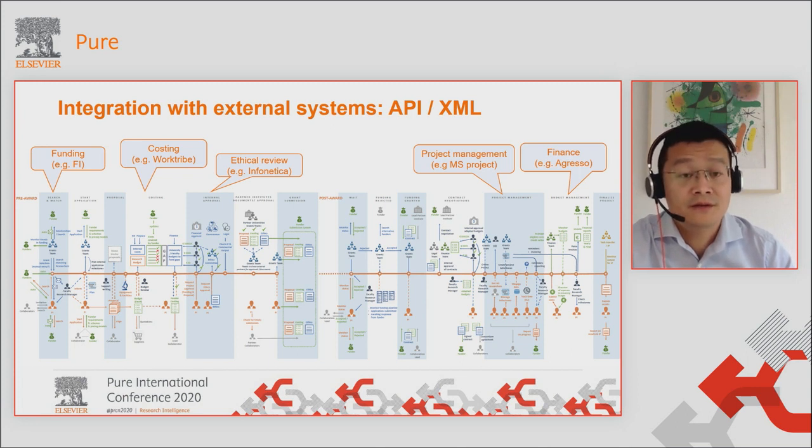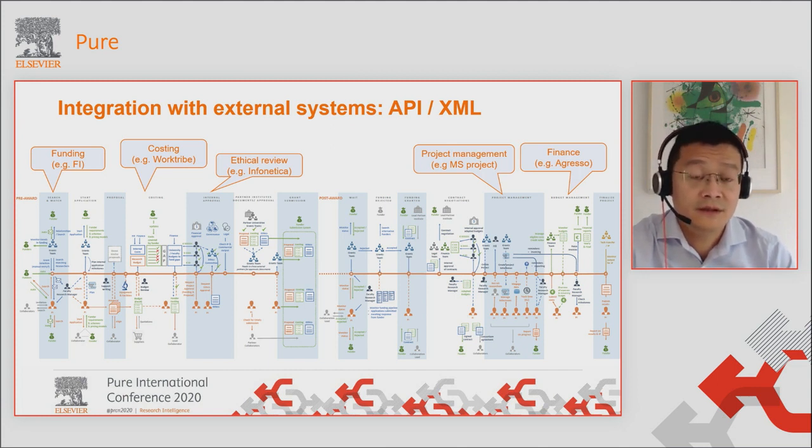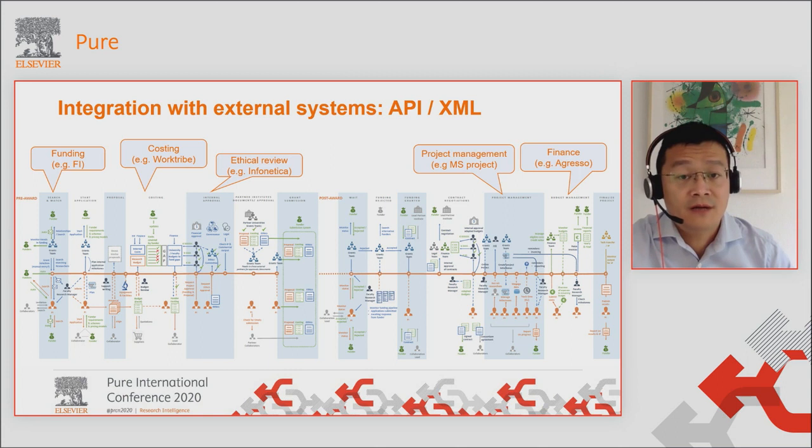With the content types application, award, and project, and also with the integration with external systems, we can collect all the information related to your funding-related activities. The integration with external systems can be done via APIs or XMLs.